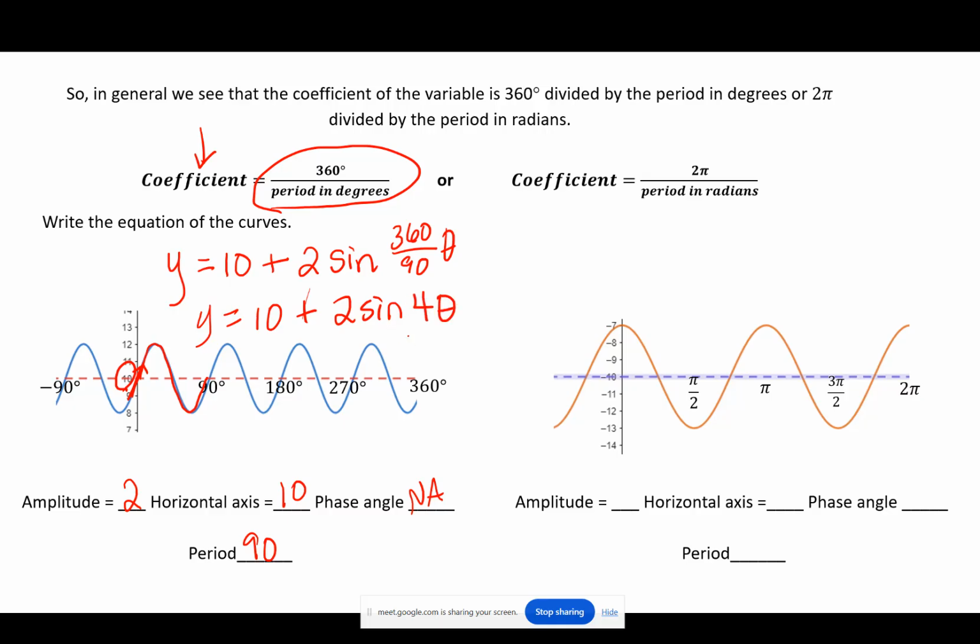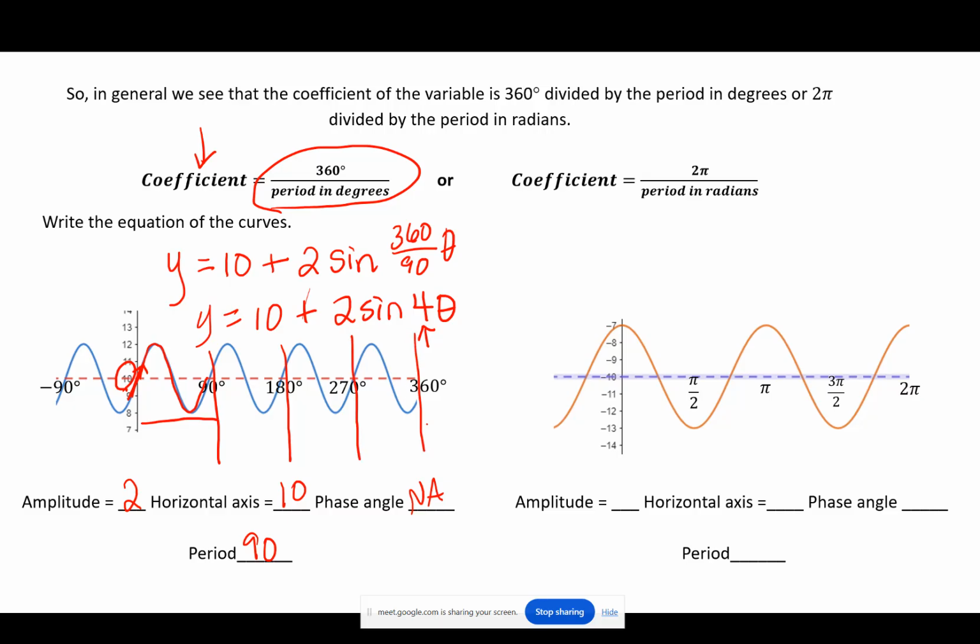That's my equation. So another way to think about this is whatever that coefficient on theta is tells you how many times the function completes a cycle between 0 and 360. And you can see, if you look at the graph, that happens 4 times. Here's 1 cycle, here 2 cycles, 3 cycles, and 4 cycles.